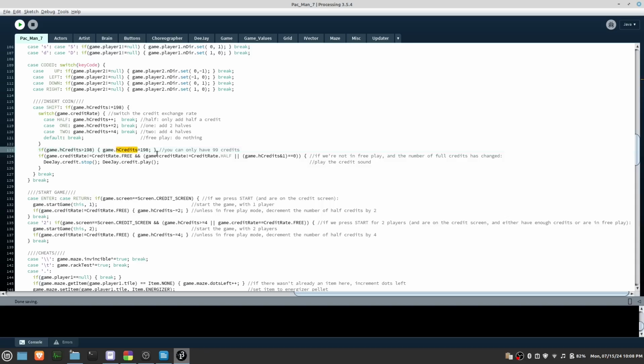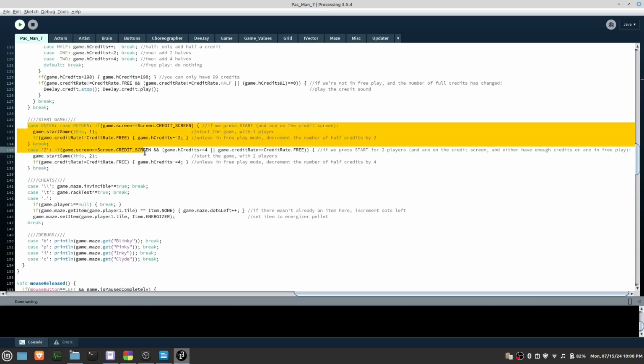For some reason, if you insert 99 credits, then it just stops increasing it. I guess they just didn't expect people to put in that many coins, which is pretty reasonable. Whenever you successfully finish inserting a credit, it will play the credit sound.